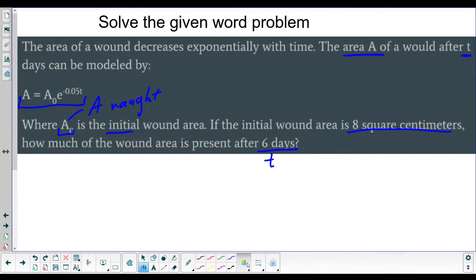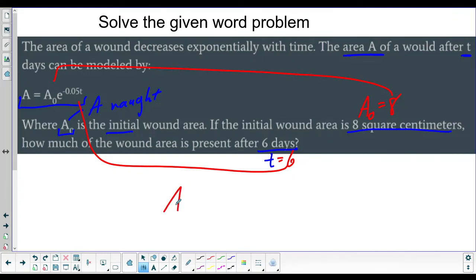So this will be T. So this is A naught, or our initial size, is 8 square centimeters. Our time equals 6 days. And we're just going to plug these two numbers into this and then we're going to simplify.